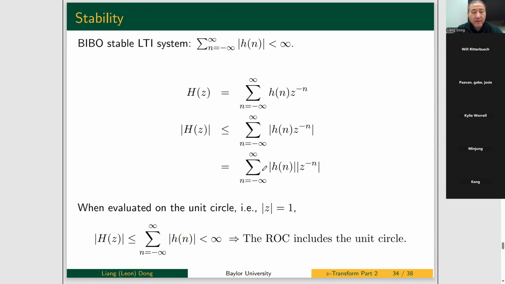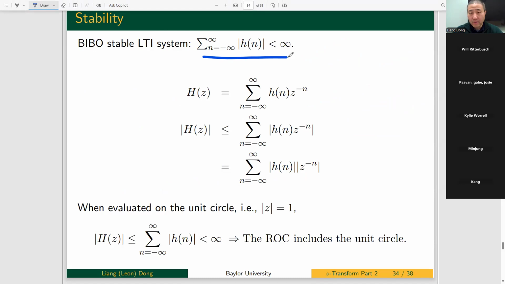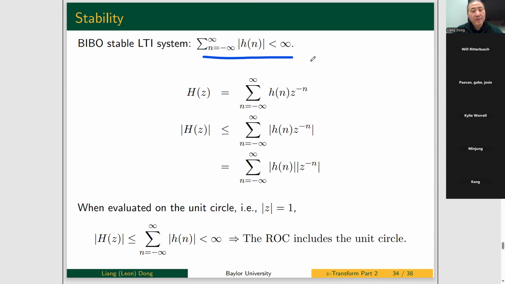Then we look at stability. For a BIBO stable system, in the time domain, we also have a condition on the impulse response: the impulse response should be absolutely summable. And then I bring everything to the Z domain. So H(z) is this, right? This is my Z transform definition polynomial.